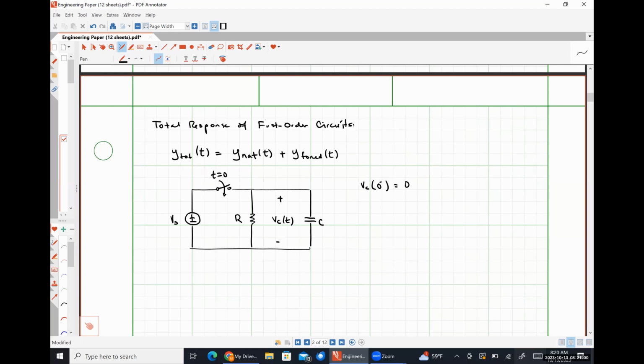All right, so 0 volts. What would VC at 0 plus be? 0 volts, because the voltage drop across the capacitor cannot change abruptly. So whatever voltage it had at t is equal to 0 minus, it must continue to have at t is equal to 0 plus. Right?